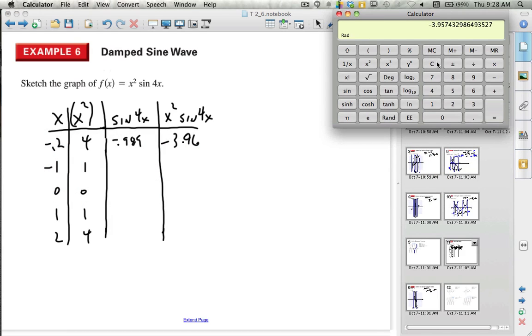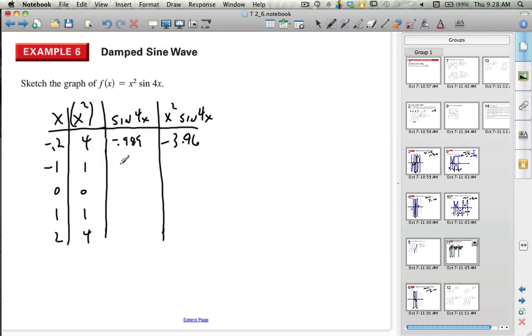So when x was -1, I'm going to take the sine of -4. Excuse me. The sine of -4 is 0.757, or we can just say 0.76. So 0.76, and that's times 1, 0.76.